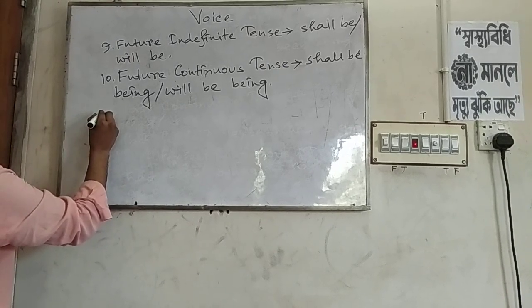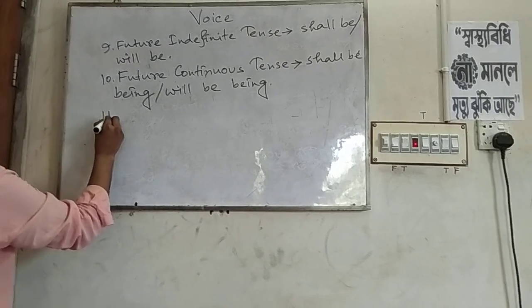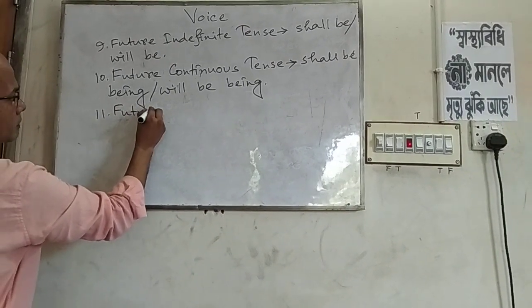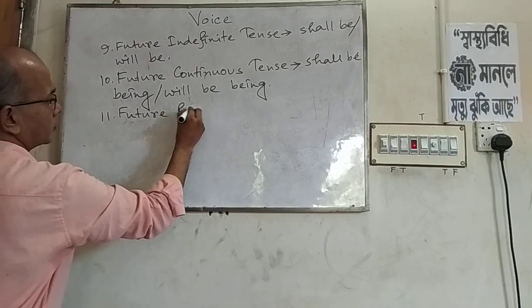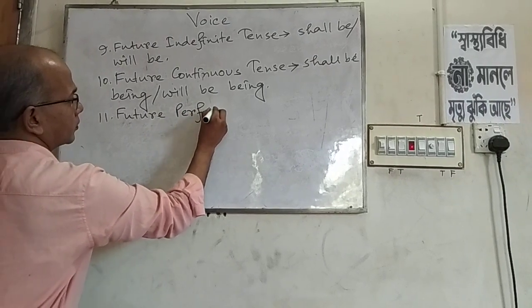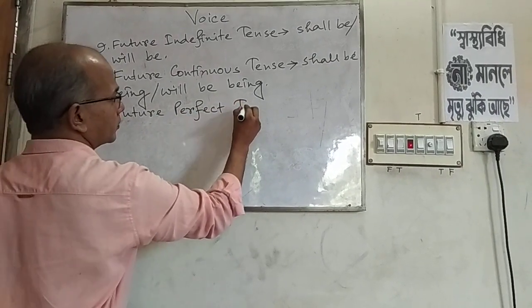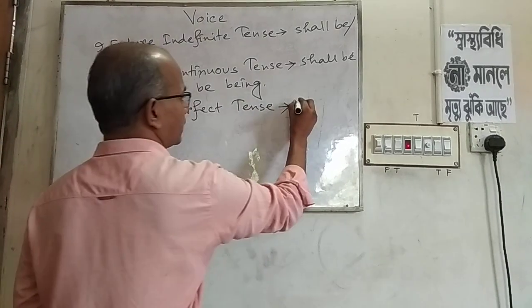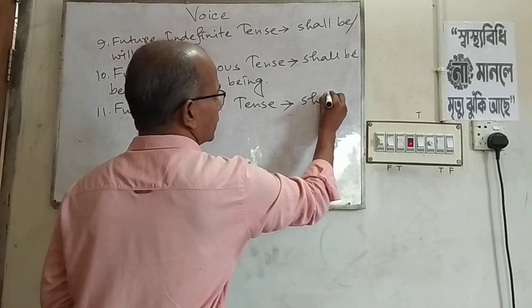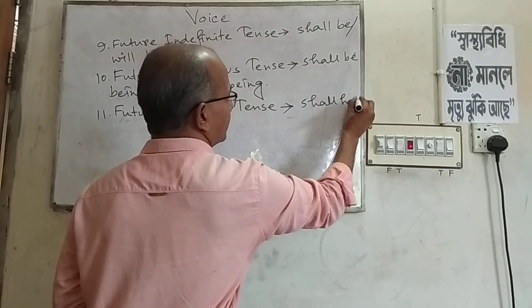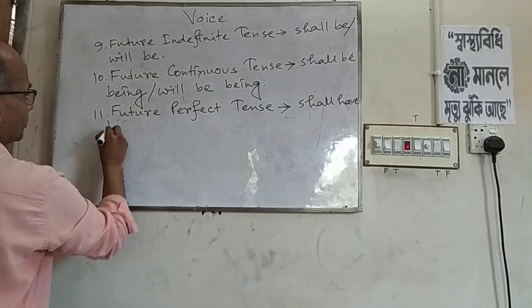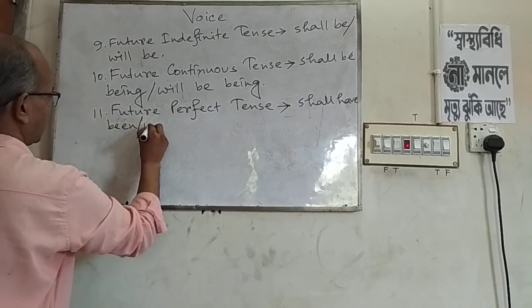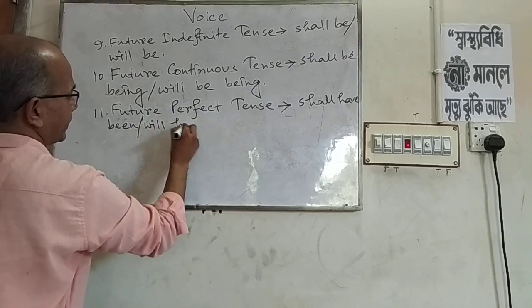Then is future perfect tense. And auxiliary verbs are shall have been, will have been.